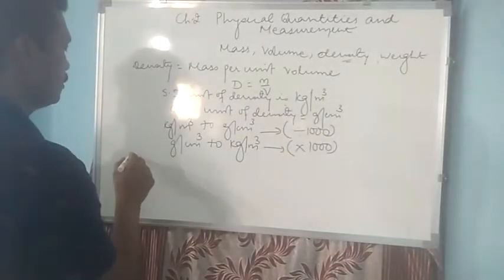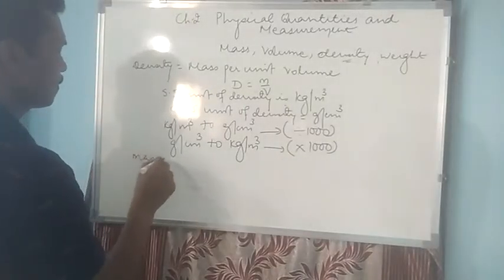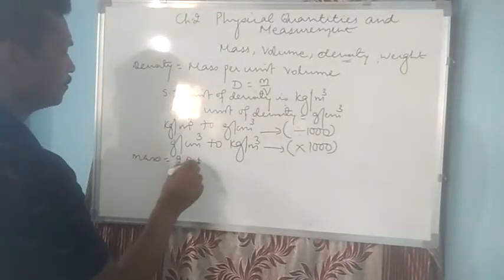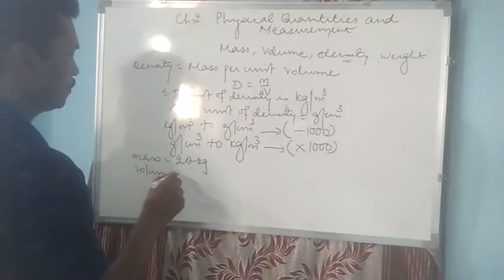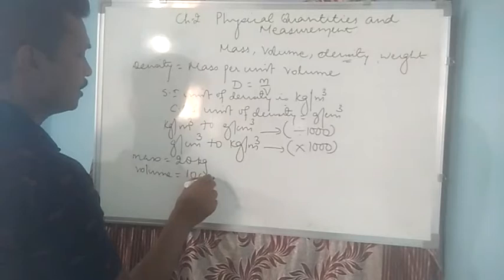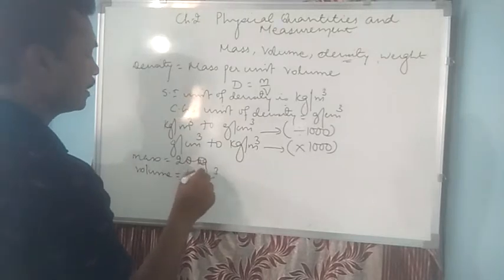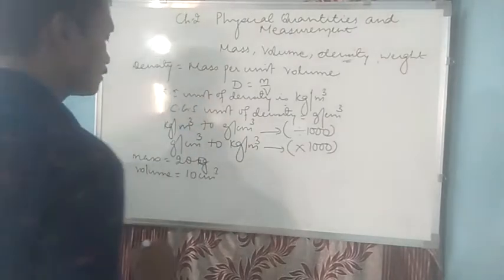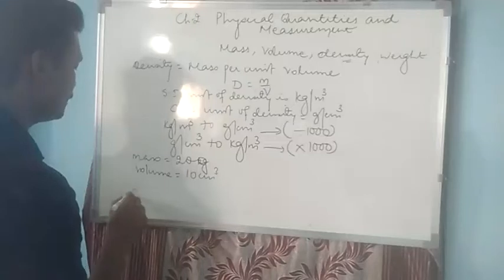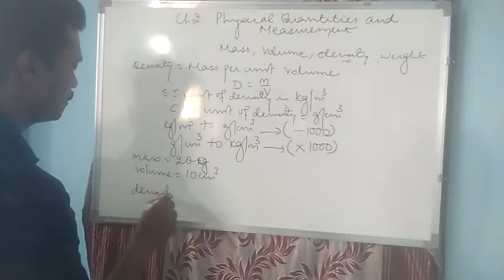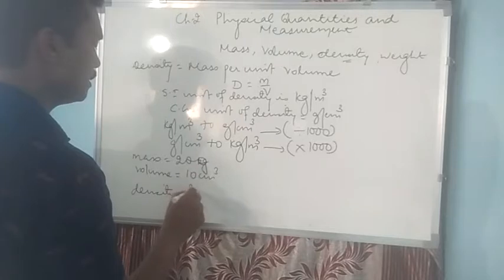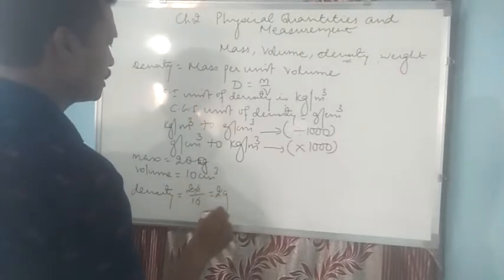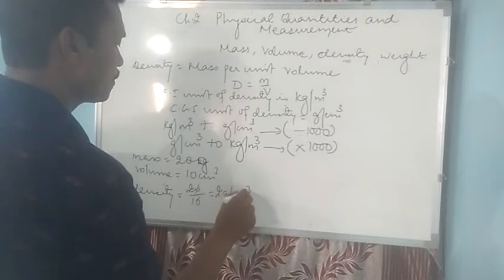Suppose there is a body of mass 20 gram having a volume of 10 centimeter cube. So density will be mass upon volume. Mass is 20, volume is 10. So you can see it is 2 gram per centimeter cube.